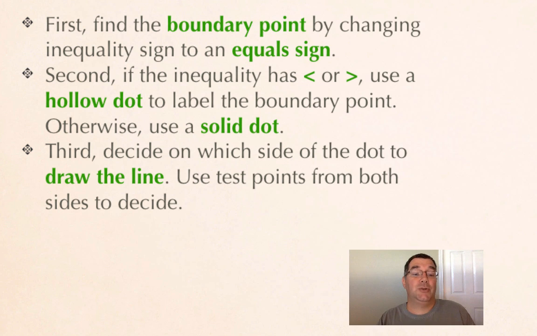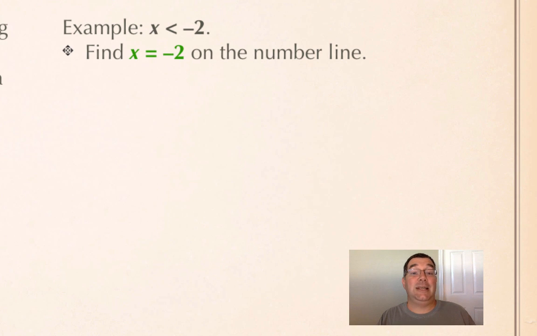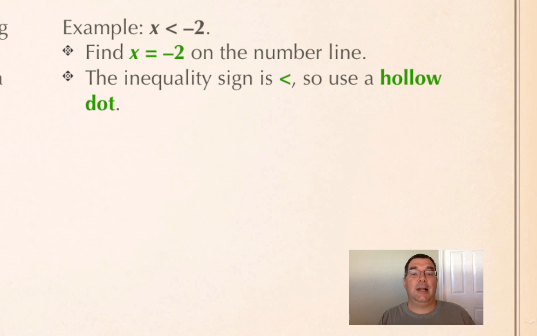And I just kind of use mental math to do that, or I can actually pick numbers on either side of that number that was in the inequality to see where the arrow needs to go. So for example, if I have x is less than -2, I need to find x equals -2 on the number line. And then I look at the inequality.